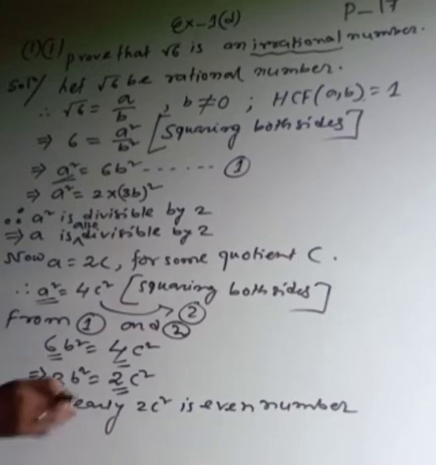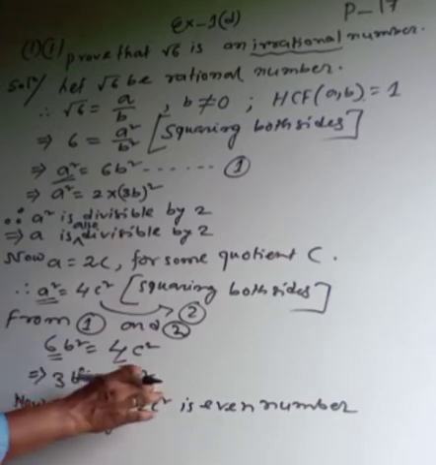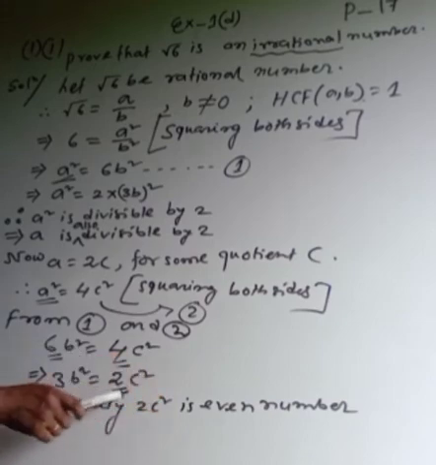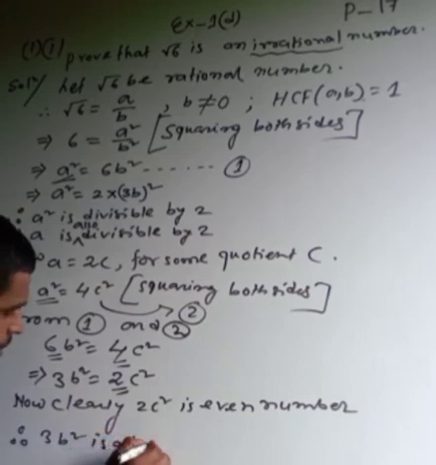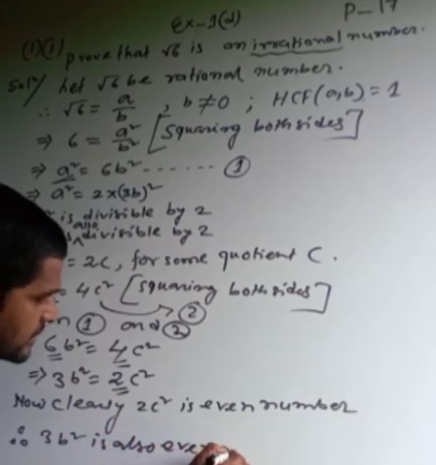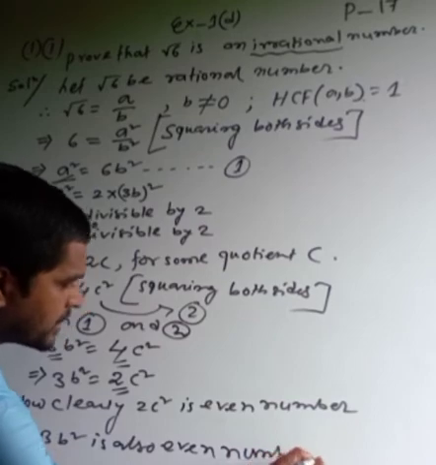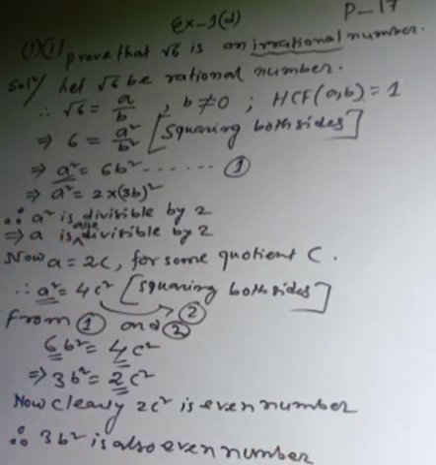So if the right side of this equal symbol is an even number, then the left side will also be an even number. Therefore 3b square is also an even number.